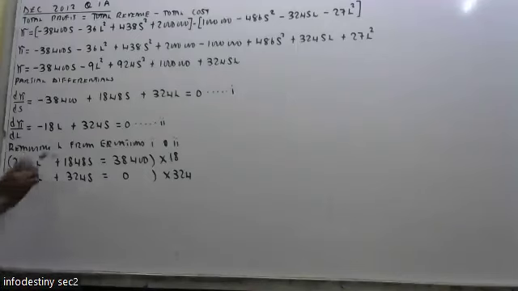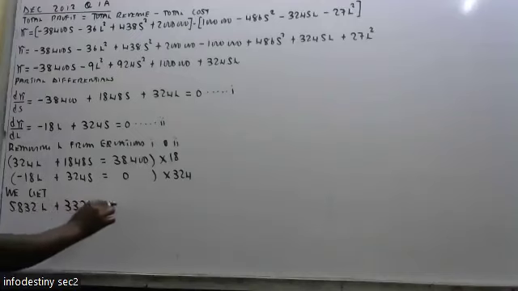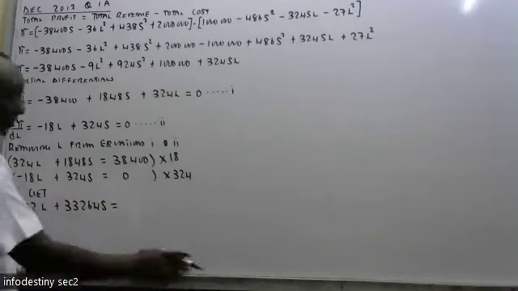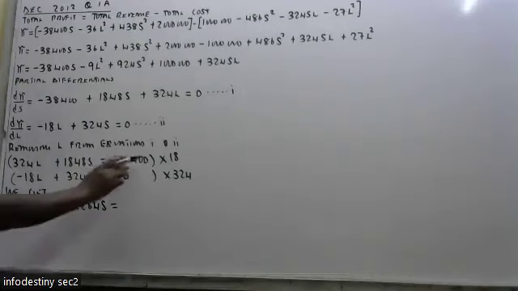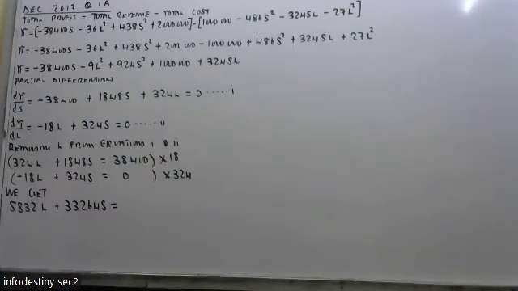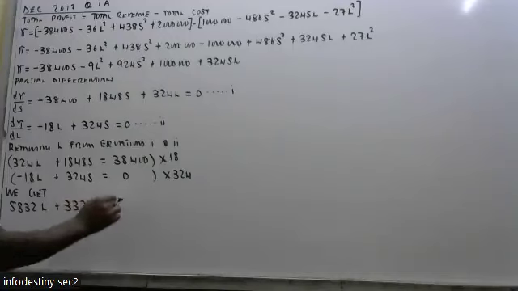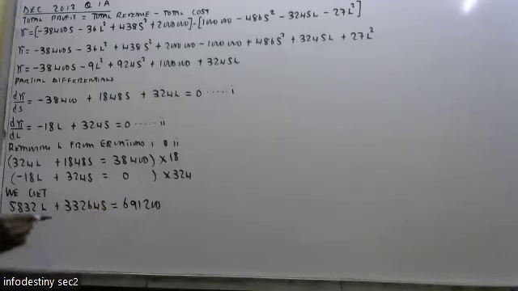So tell me 324 times 18. So we get 5832L plus 1848 times 18, 33264S, equal to 38,400 times 18, 691,200.